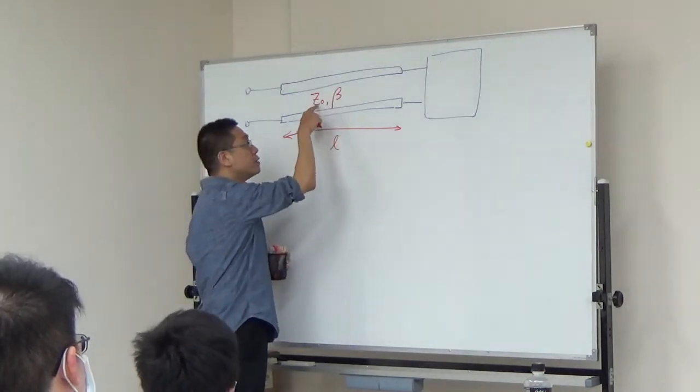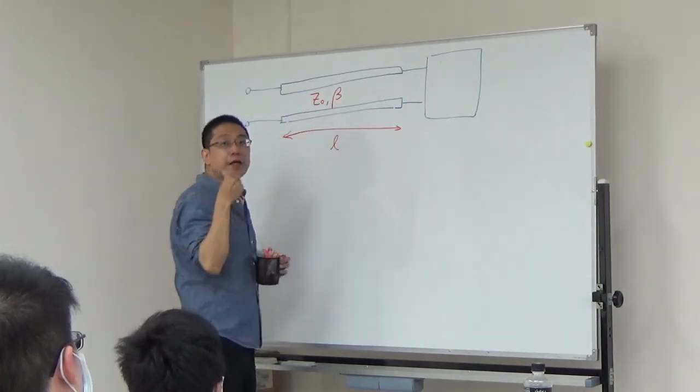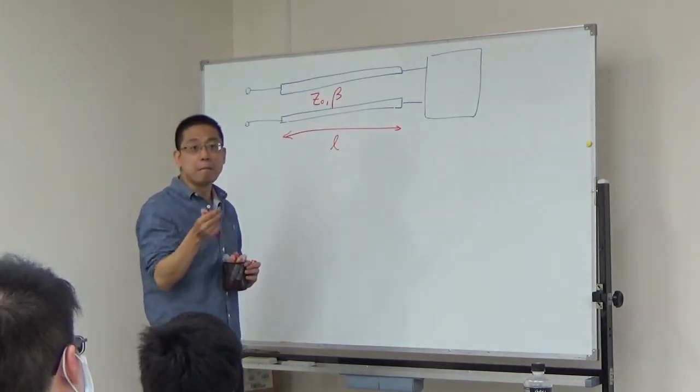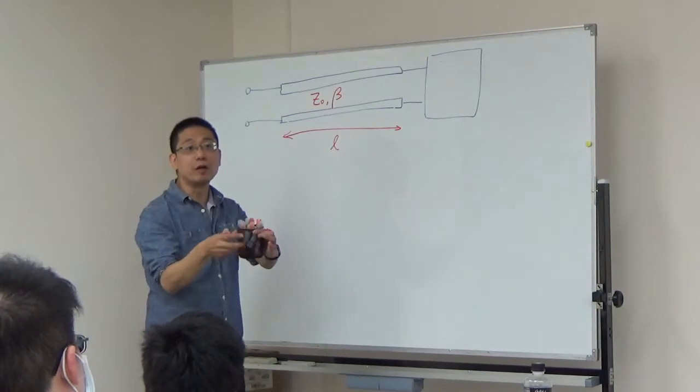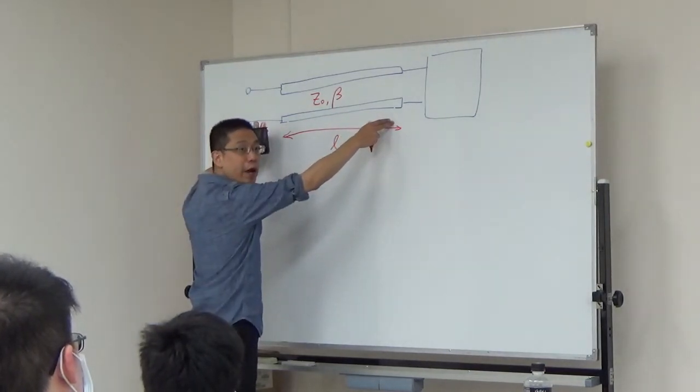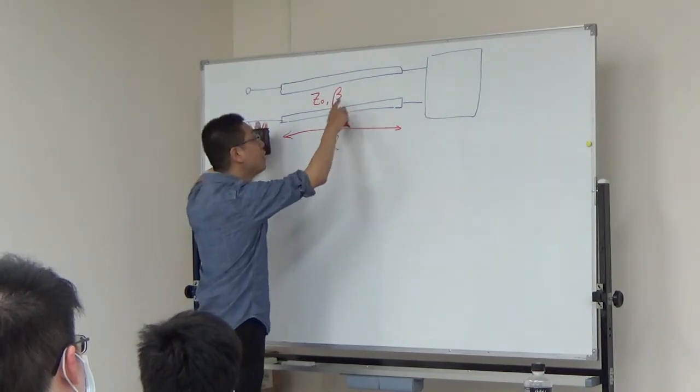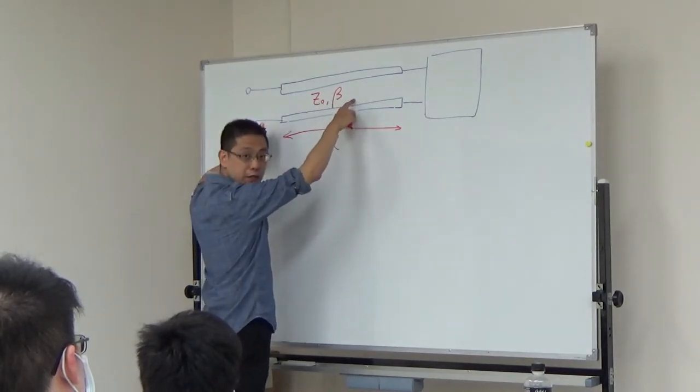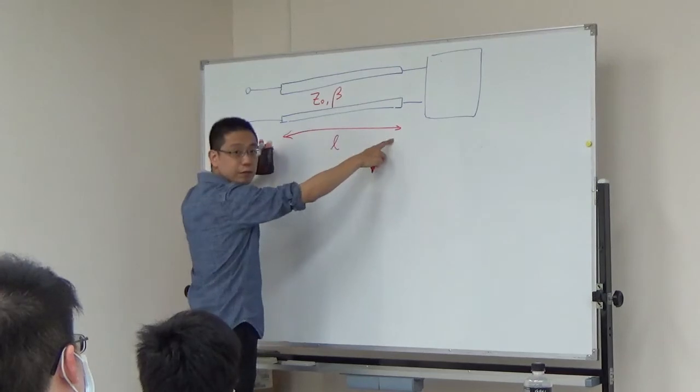Those Z0 and beta can be determined by the geometry or the material of the transmission line. I think we are very clear about Z0 and beta so far. And this is the length of the transmission line.